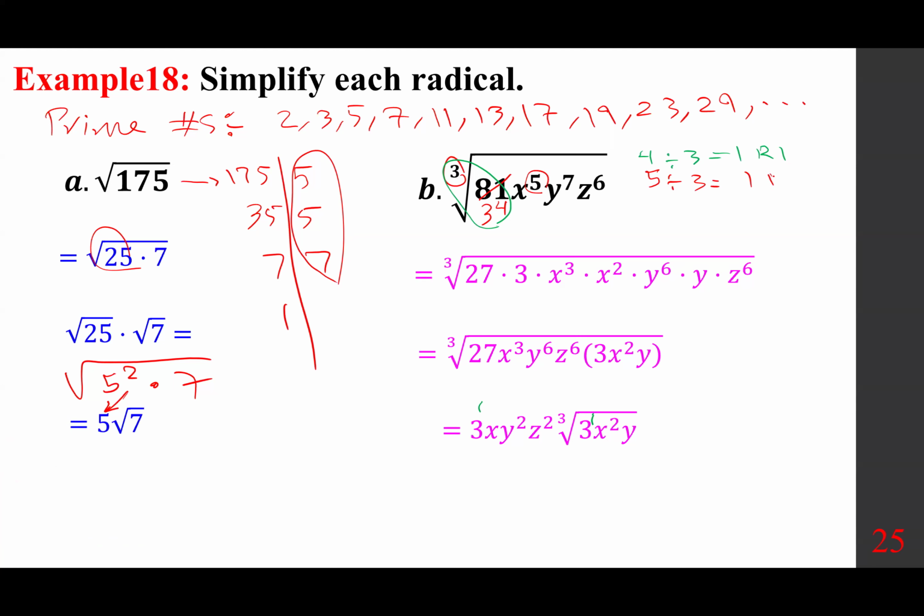The answer is 1 with the remainder 2. You get 1 out, 2 in. The next one is 7. 7 divided by 3 is 2 with the remainder 1. So 2 out and 1 in. Finally, 6 divided by 3 is 2, and it comes out. The point being, this could be a faster way of approaching it.